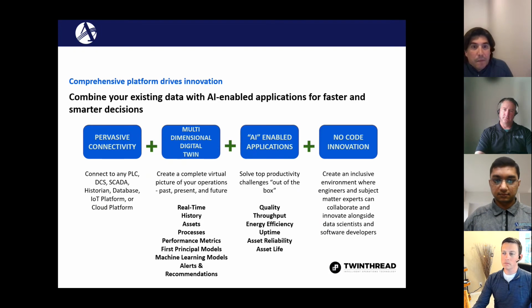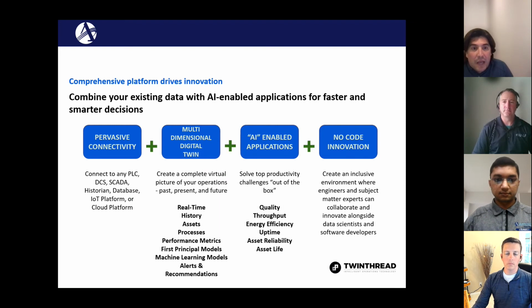Yeah, so TwinThread is an end-to-end platform that leverages all of your existing data and data infrastructure. In the case of Elevate, they're a partner that provides the IoT platform for us as the foundation for our digital twin creation and the operationalization of actions across the fleet to drive improvements.